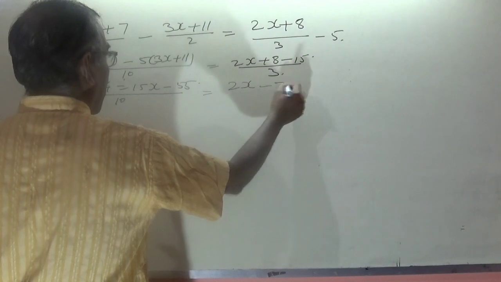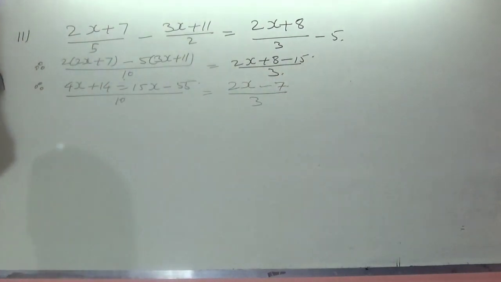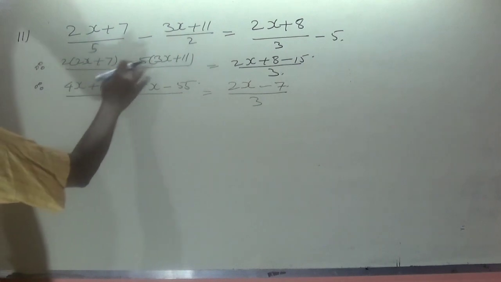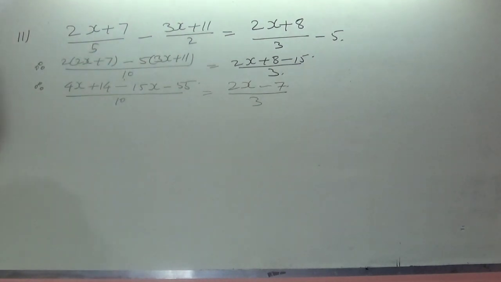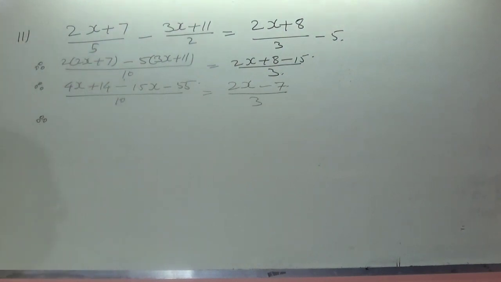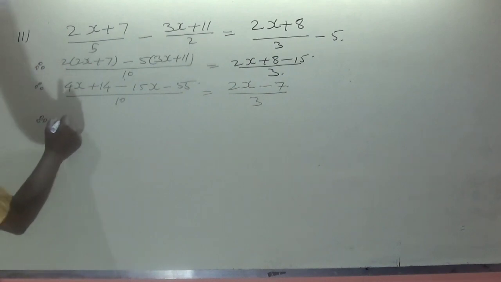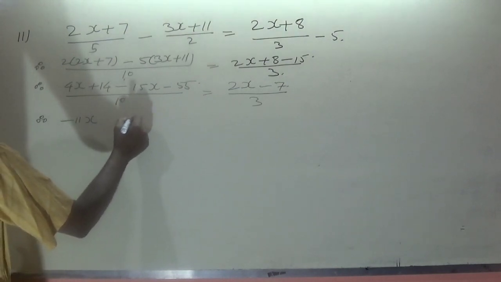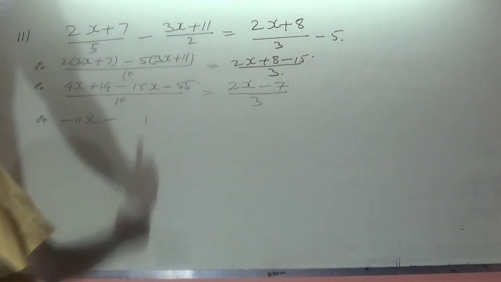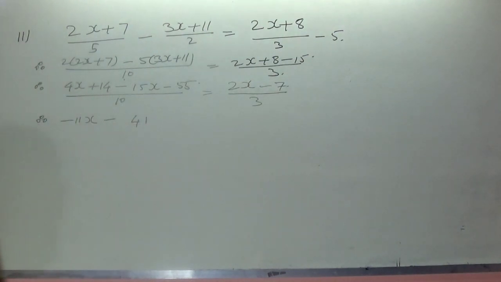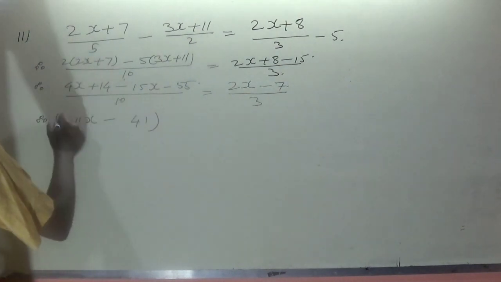I have made a mistake, this is 15x minus 55. So therefore 4x minus 15x, 11x, minus 11x, and this one is minus 41.